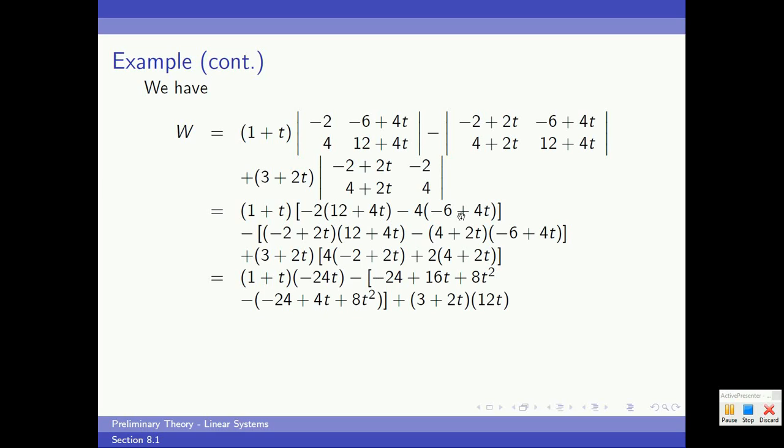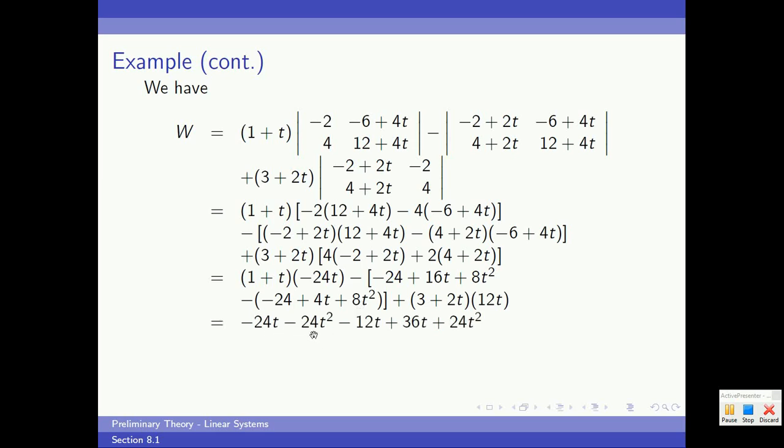So all of this in here simplifies to negative 24t. Then inside this one, I pull out both of these. And so here, notice that I pull out both of these. So here I'm going to have a negative 24 plus a 24. Here I have a 16 minus a 4. And then here I have an 8 minus 8t squared minus 8t squared. So I can simplify all of this.